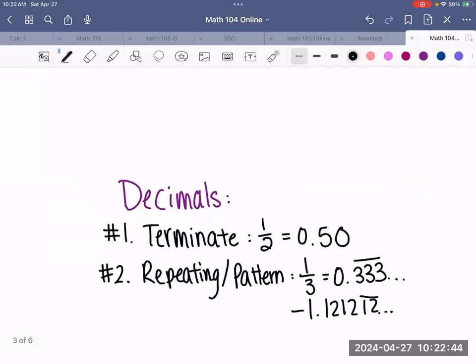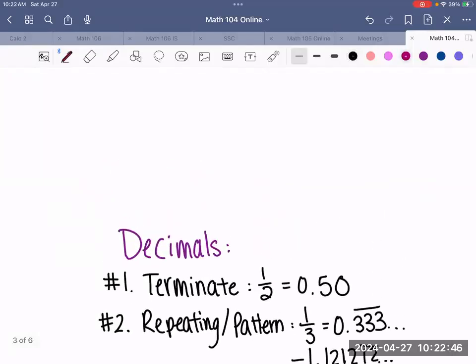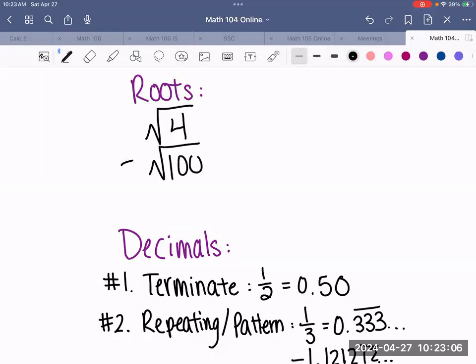We also have a rule for your roots. It goes for any sort of square root or cubed root that comes out nice and clean, like the square root of 4 or this negative square root of 100, right? Well, this is really 2. This is really negative 10, right?